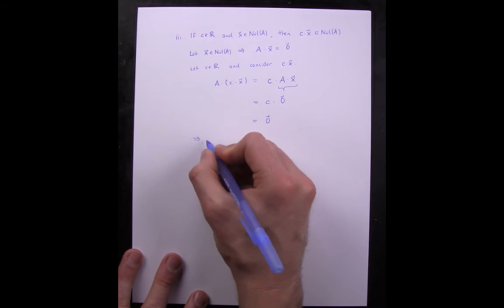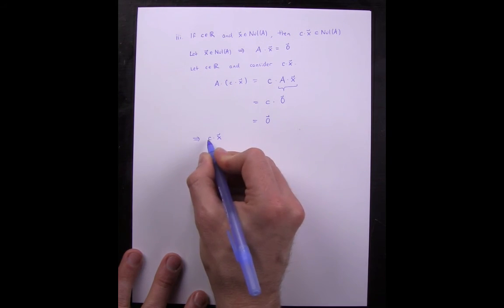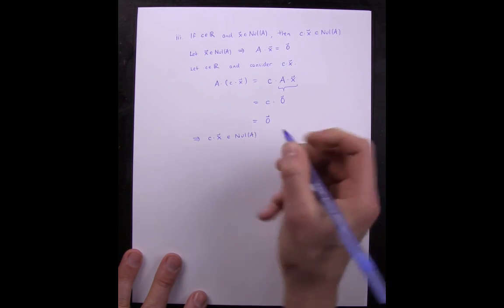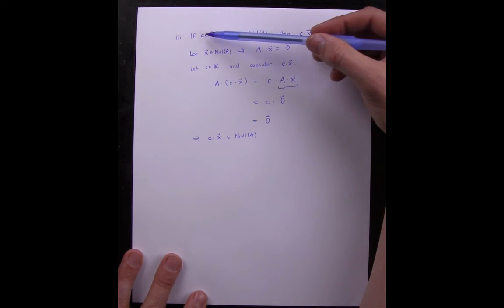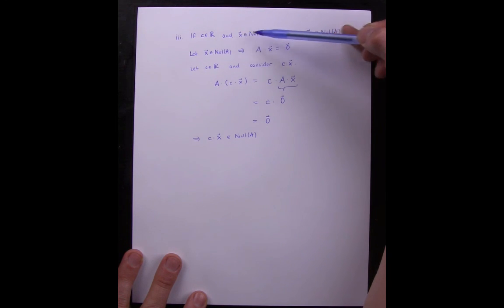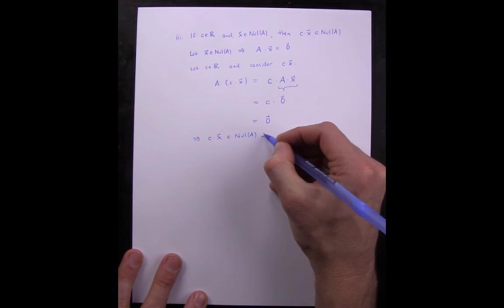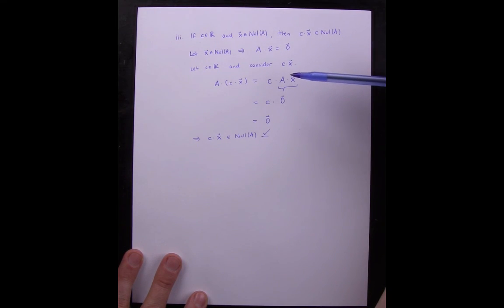This immediately implies that the scalar multiple times x is in the null space, but we've just concluded that if you have any scalar multiple times anything in your null space, that you will stay in your null space. In other words, the null space is closed under scalar multiplication. This was the third condition of subspaces of a vector space.